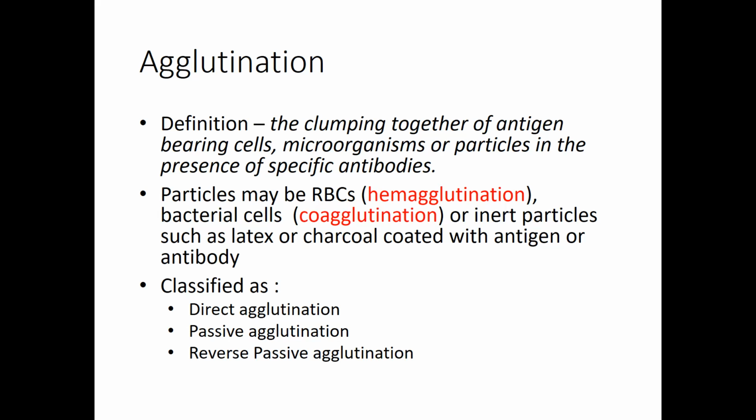If it's bacteria, we call it co-agglutination. We can also use, as I said, inert particles, things like latex or charcoal beads that are coated with antigen. And we're going to do testing with this that are classified as either direct agglutination, passive agglutination, or reverse passive agglutination. And we're going to look at 3 types of agglutination reactions in the test methods.